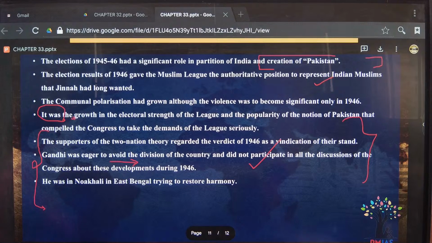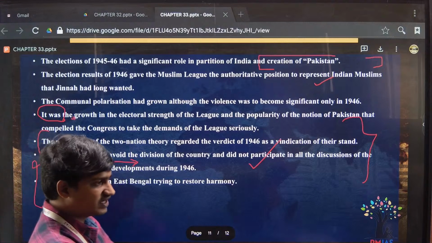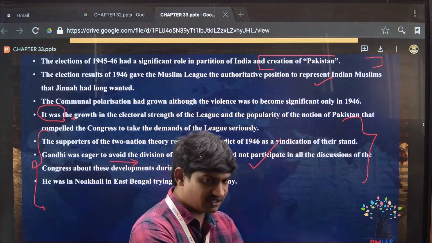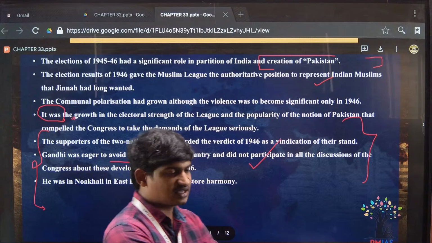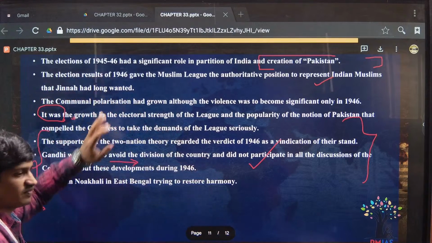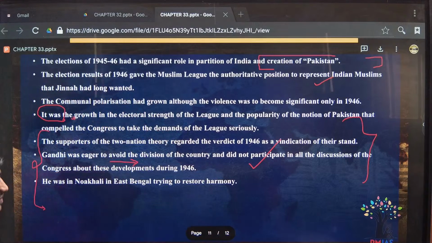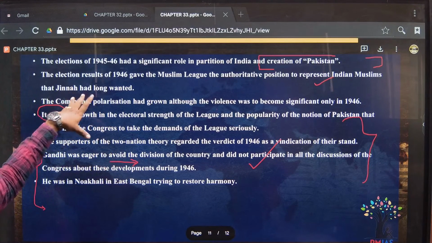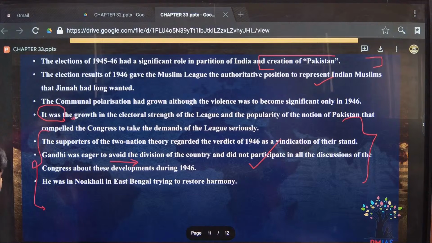The leaders of the Muslim League were satisfied that the Indian Muslims had accepted their leadership and supported them, and this fulfilled Jinnah's demand. So he wanted a separate Muslim dominated area.